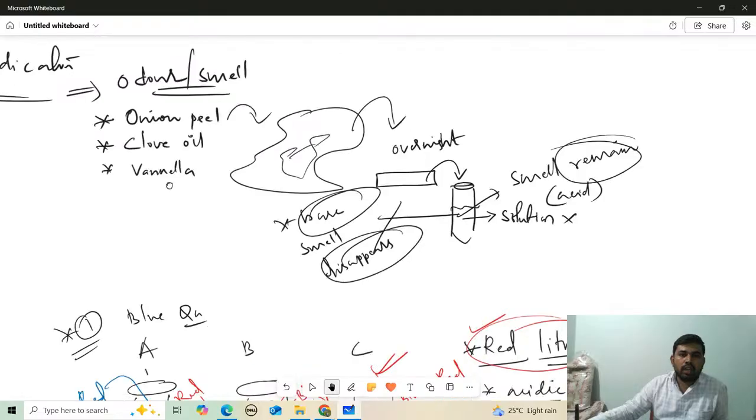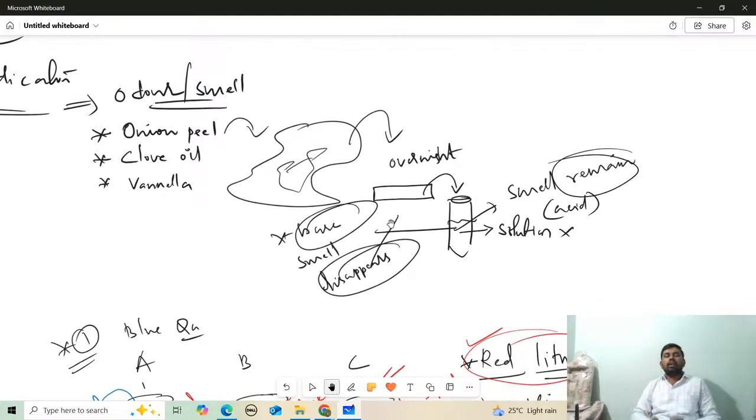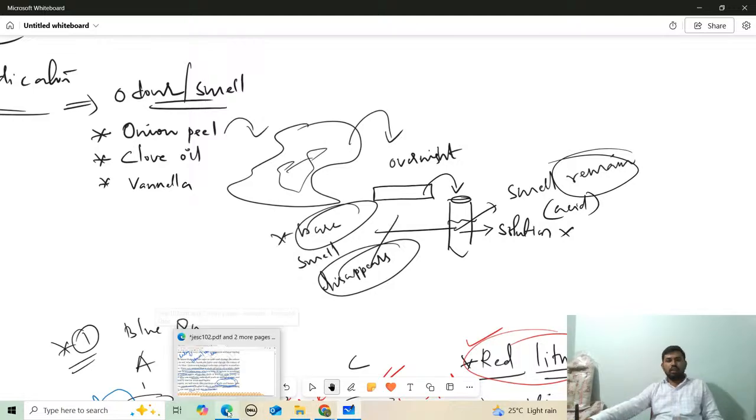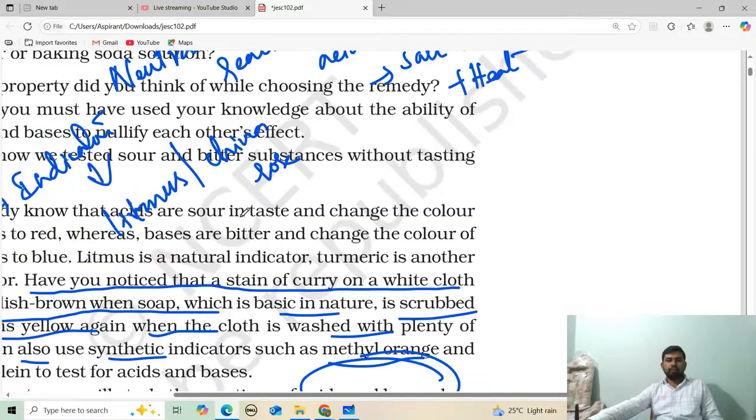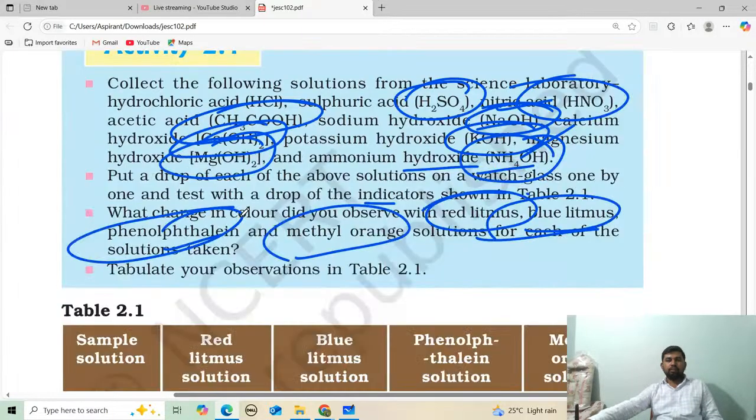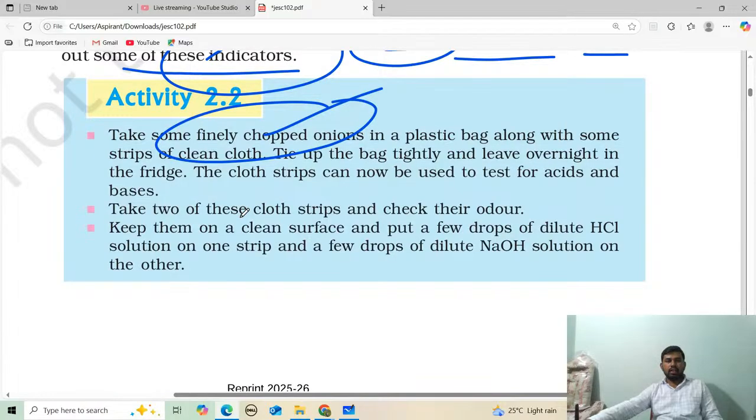These olfactory indicators do not work based on color. This is based on smell. So here they have given the activity, let me discuss it here.